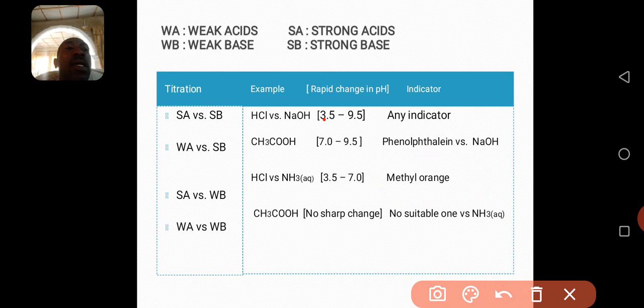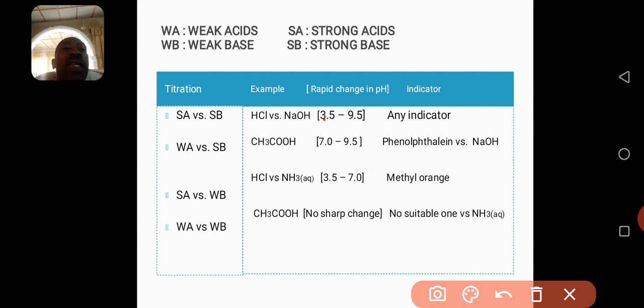And the range of pH change is between 3.5 and 7.0. That of the weak acid and strong base is 7.0 to 9.5. Let's take note of that.